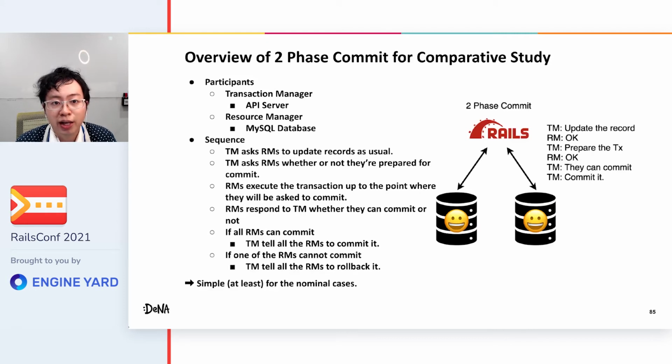You can see the more casual description of the sequence in the picture on your right-hand side. Here, the transaction manager asks resource managers whether they can commit or not. The transaction manager is asking for an explicit agreement here.